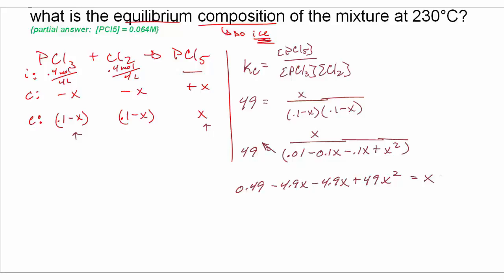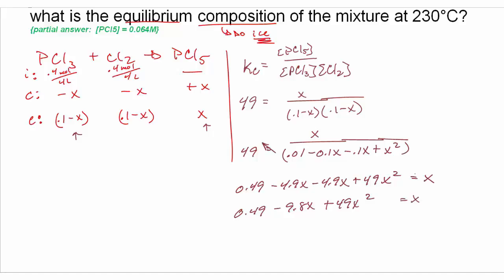Okay? So 4.9 is 9.8. So I have 0.49 minus 9.8x plus 49x squared equals x.